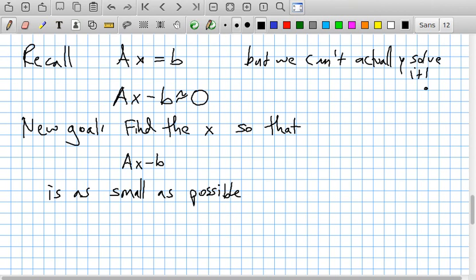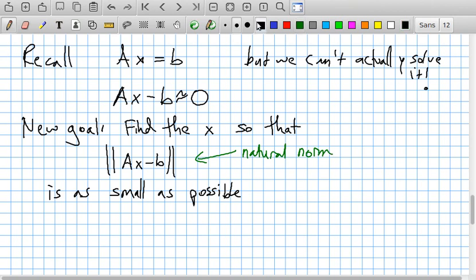But wait a minute, how do I measure the size of this thing? This is some abstract vector space thing, abstract inner product space elements here. Oh wait, I have a norm. Right. So I want to find x so that this norm is the smallest, and again, this is the natural norm.